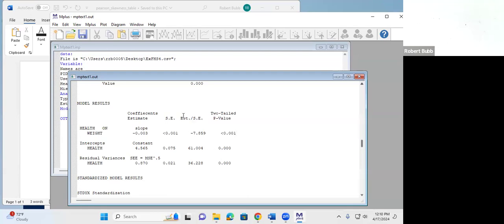Okay, but you have this estimate divided by the standard error. What do you think that value is? Your estimate, your coefficient, divided by the standard error. So what is this value going to be in this column? Coefficient divided by the standard error.